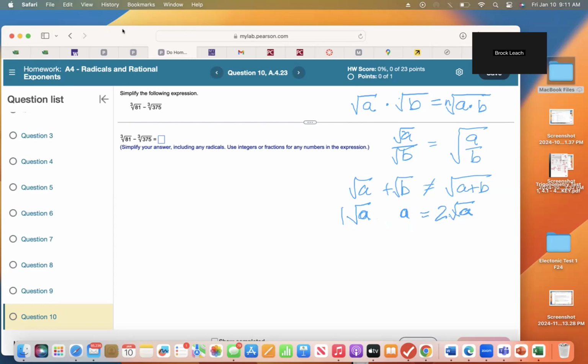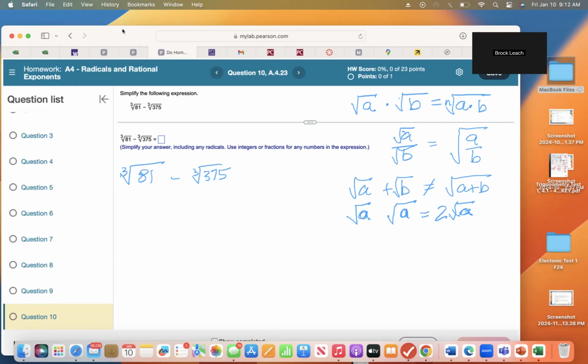So with addition and subtraction, that's a little harder to get them together. They not only have to both be square roots or cube roots, they both have the same number underneath. So if we're trying to subtract the cube root of 81 minus the cube root of 375, we can't do it because 81 and 375 are not the same.